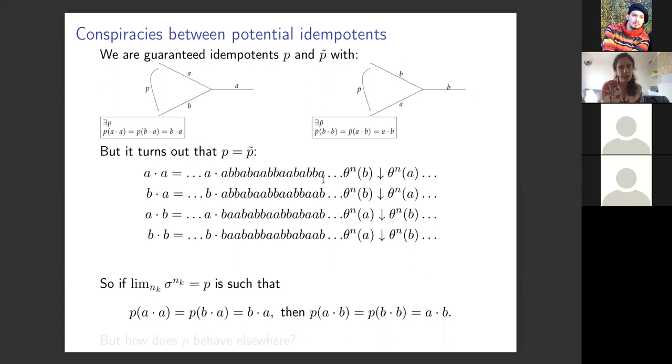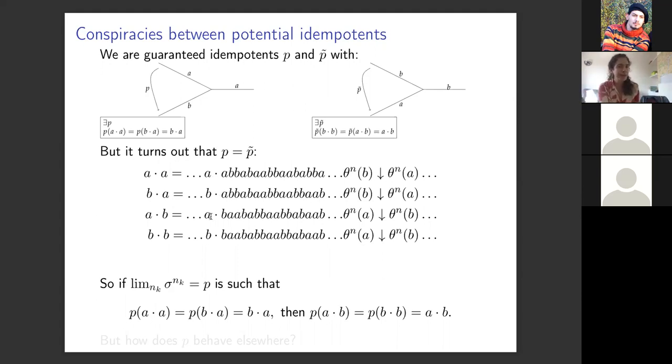So this arrow here is where I've moved my radix point, all right? I just need to take shifts so that if I put my radix point here, I see theta to the n of B on the left and theta to the n of A on the right, all right? For arbitrarily large n, I let the sequence go to infinity, I'll hit my idempotent.